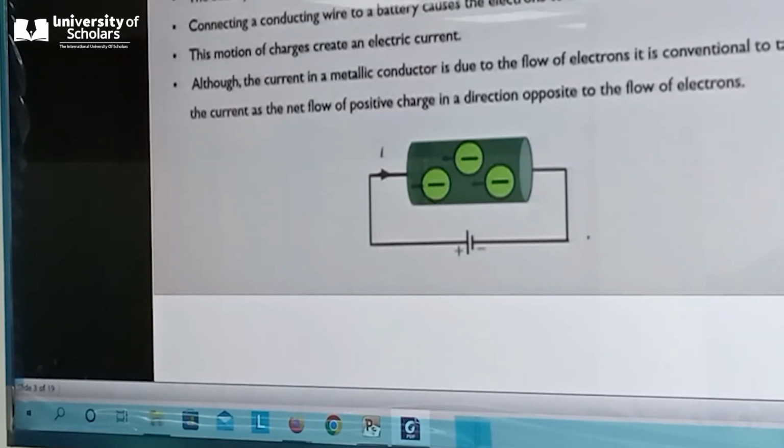Inside the battery you will have a positive polarity, higher polarity, and a negative polarity, and this is built by chemical reaction. So you will have positive charges at the top and negative charges at the bottom of the battery.